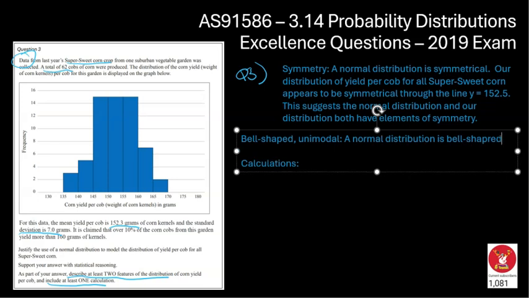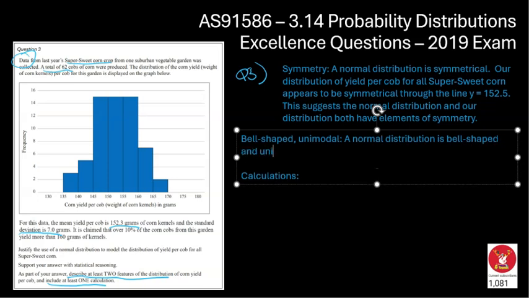There you go, bell-shaped and unimodal. I now want to talk about our distribution and whether or not it has those elements as well.